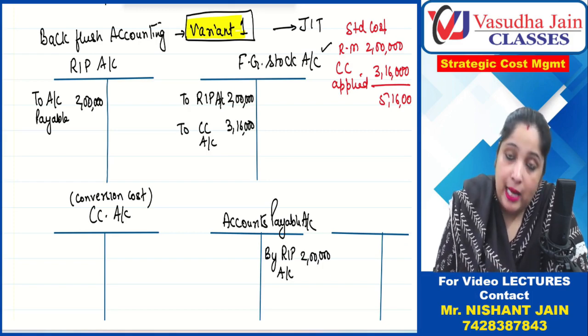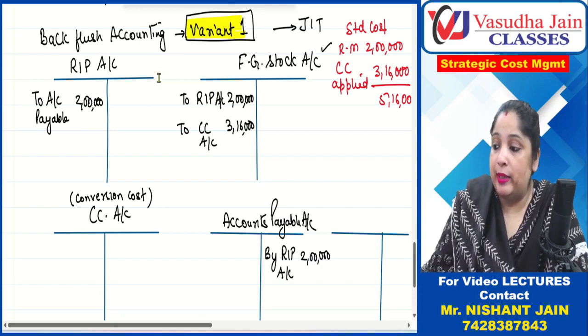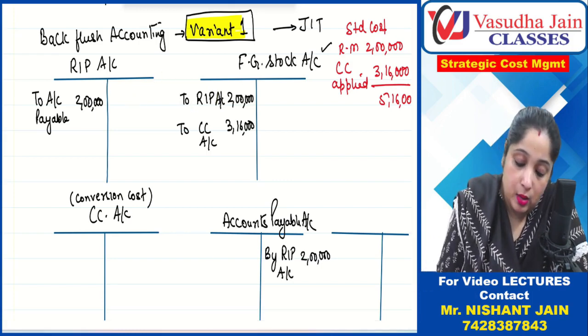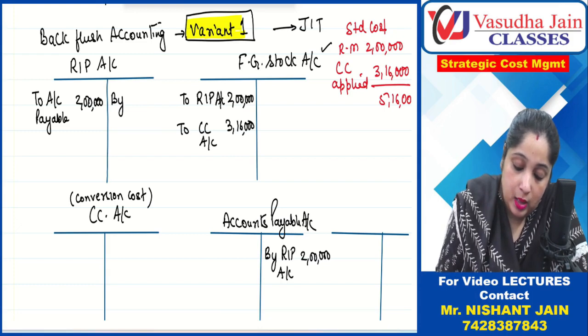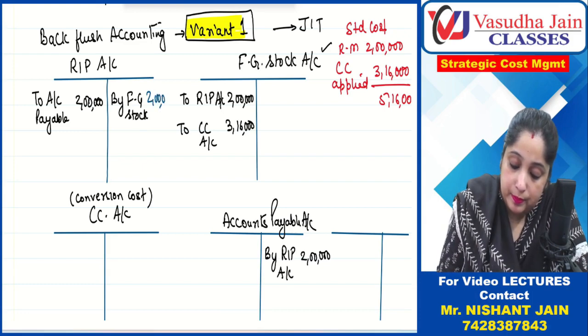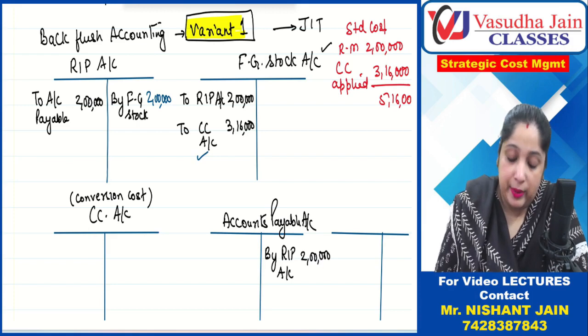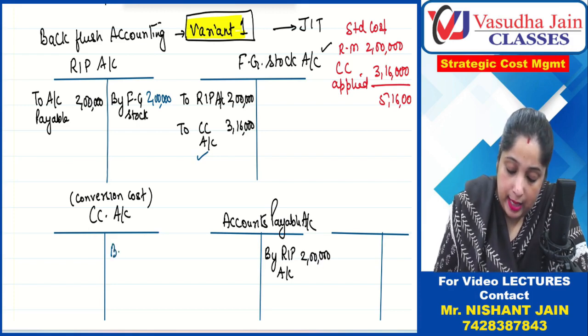Okay, and then we are going to post the respective account entries. Here it is debited, so here it will be credited. So by finished goods stock 2 lakh, and since here it is debited, it will be credited here. By finished goods stock 3,16,000.